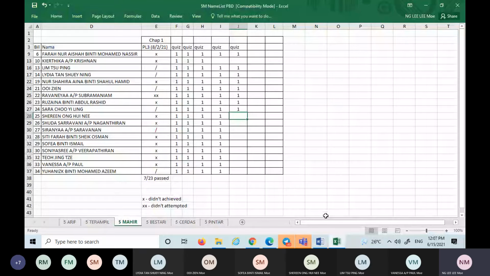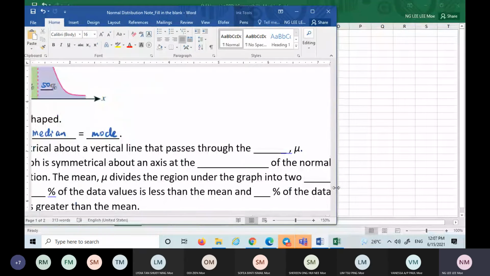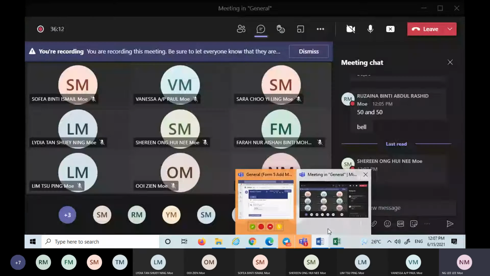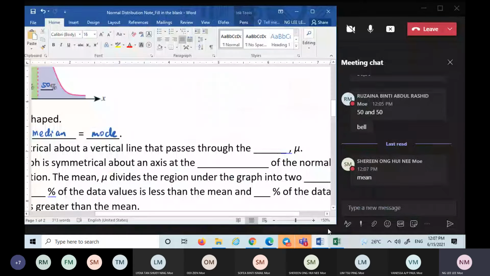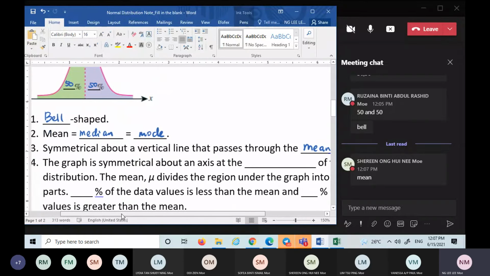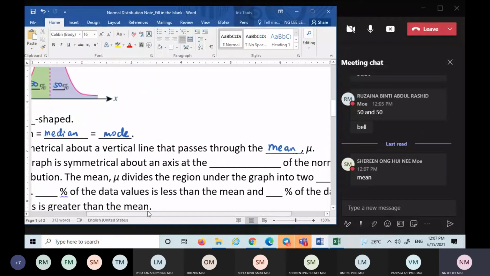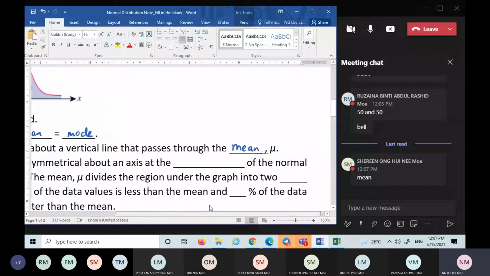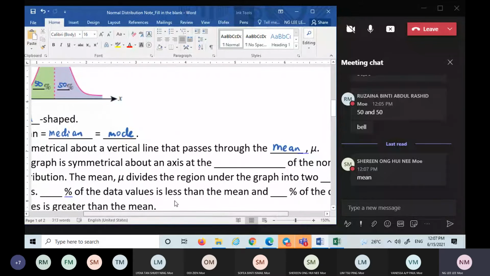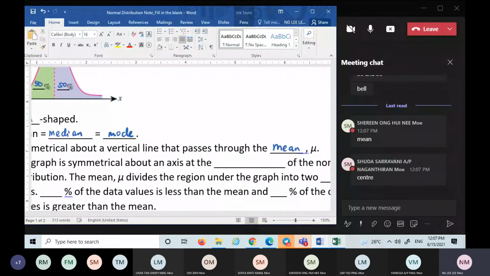Shalin. Okay, mean. When you see this symbol mu, it refers to the mean. Next, the graph is symmetrical about an axis at the center of the normal distribution.